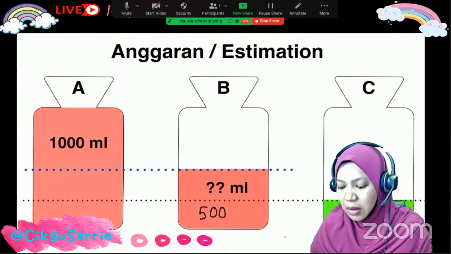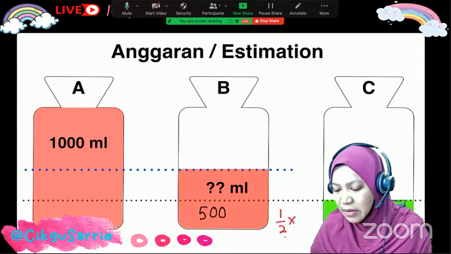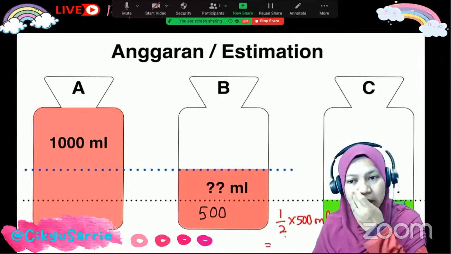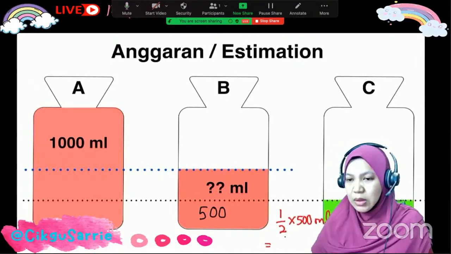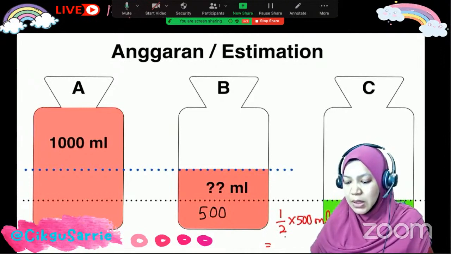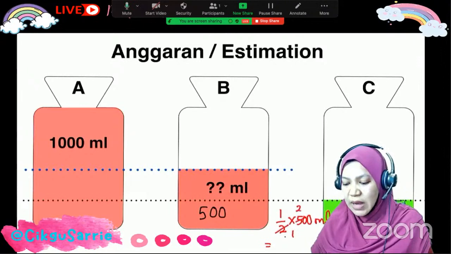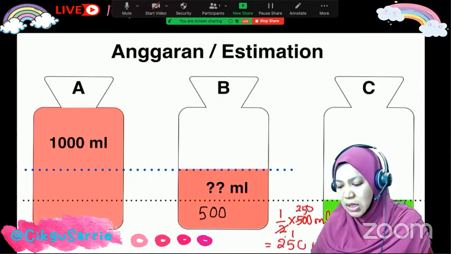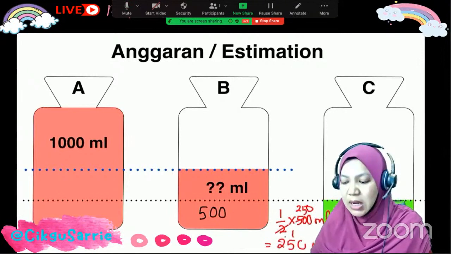How? Because 1/2 of 500 milliliter will be 250 milliliter.